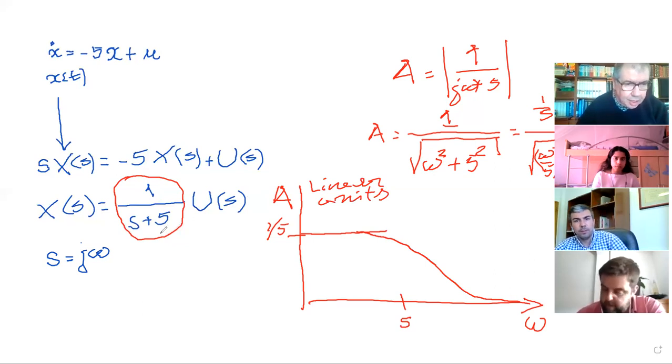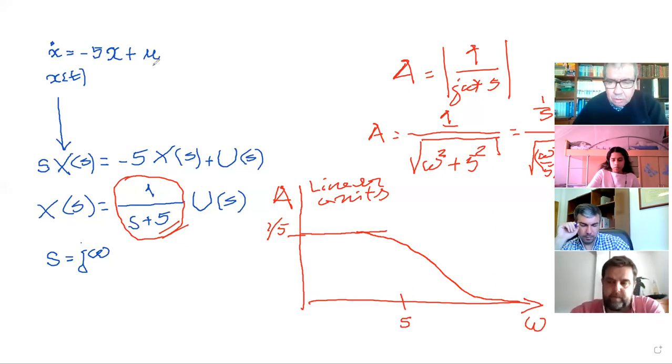Okay. So for a frequency below this 5, you have a more or less constant response of this system. But for higher frequencies, the system does not respond because the gain drops. So if you think of u that is decomposed into many sinusoids: if you have an arbitrary signal, you decompose it as a sum of sinusoids. If u is periodic, it's a Fourier series.